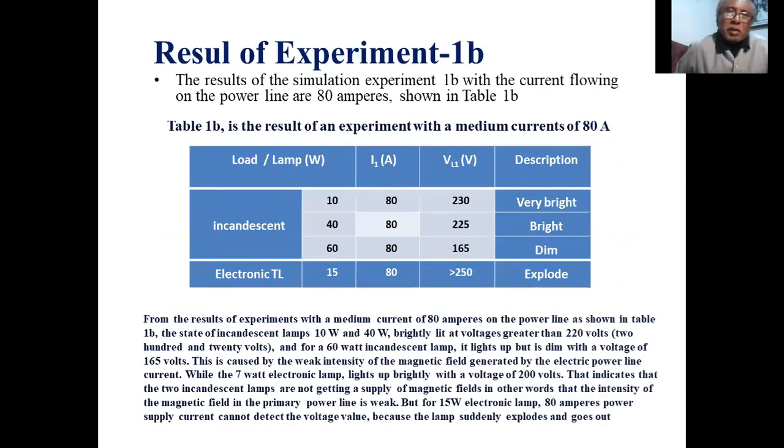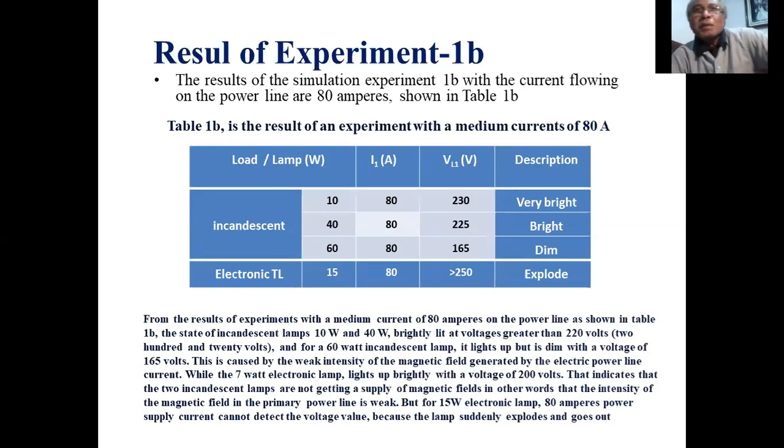The second experiment is in table 1b. In table 1b, we can see the result of the experiment with a medium current of 80 amperes on the power line.